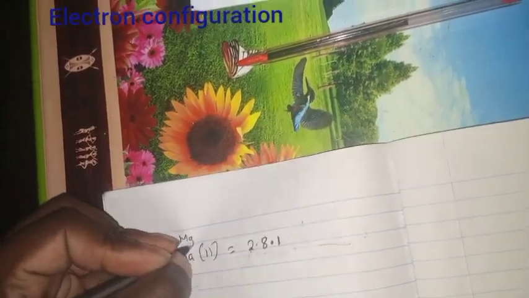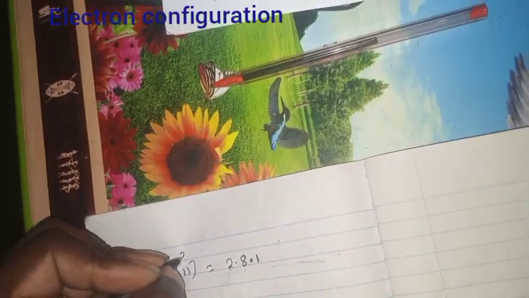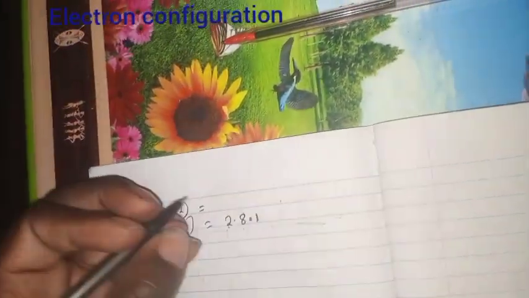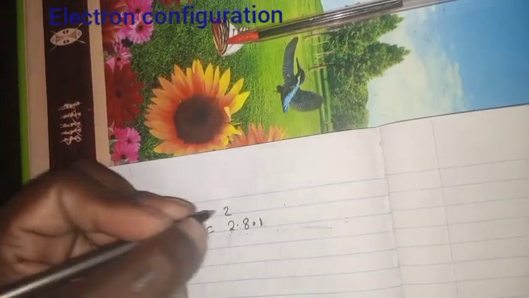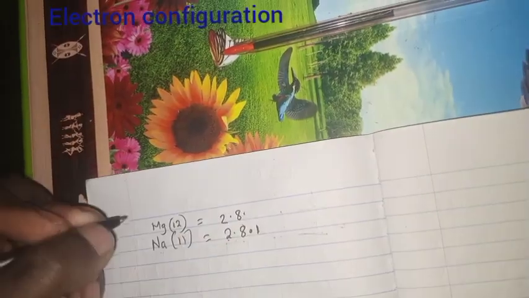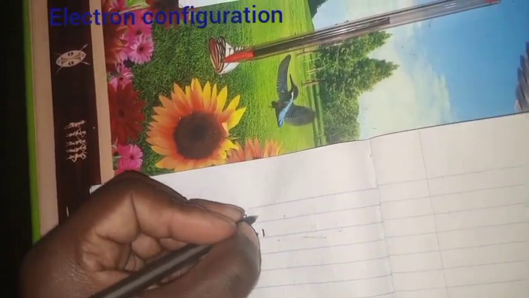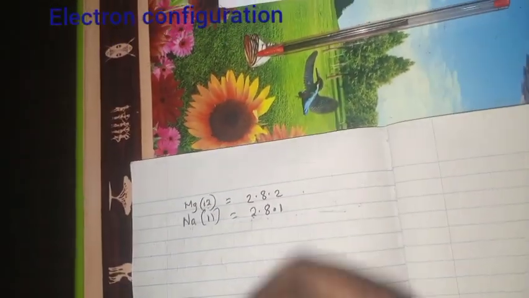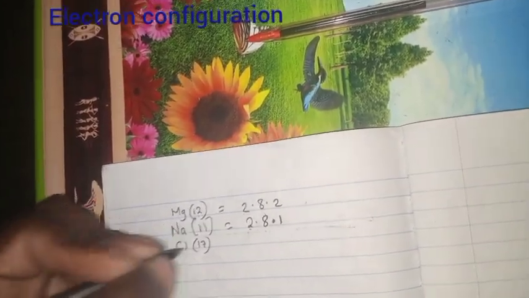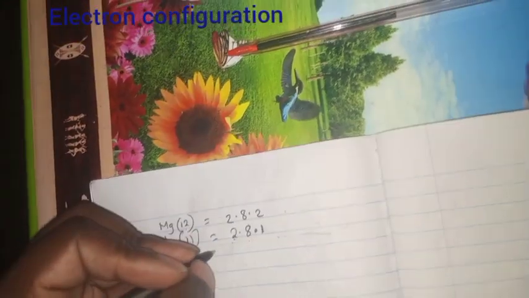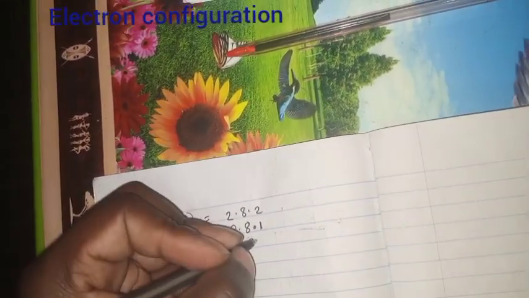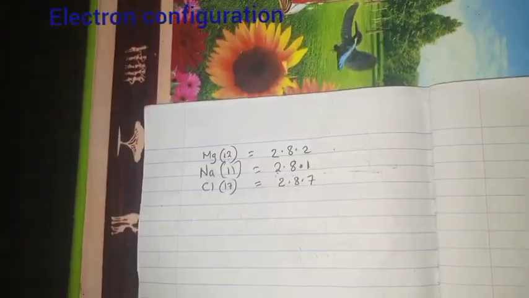If we have something like magnesium, magnesium is number 12. It has the atomic number 12. With the atomic number 12, we have 2, 8, that is 10, and then we want 12, so 2, 8, remaining 2. If we talk of something like chlorine, chlorine is number 17. Its atomic number is 17, and that means for chlorine we have 2, 8, and then 7.